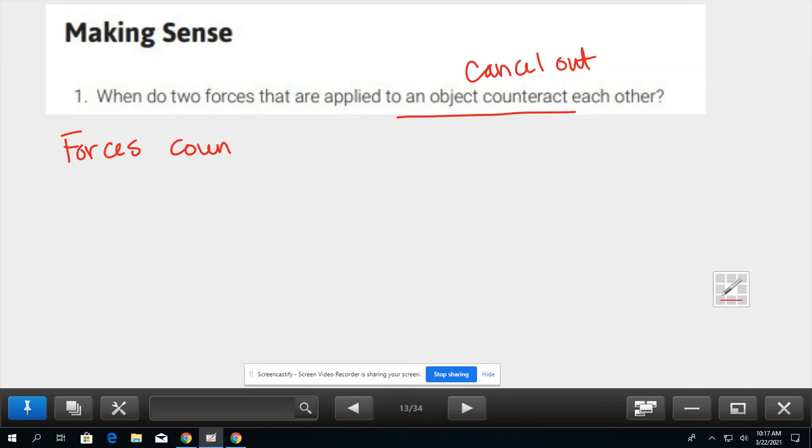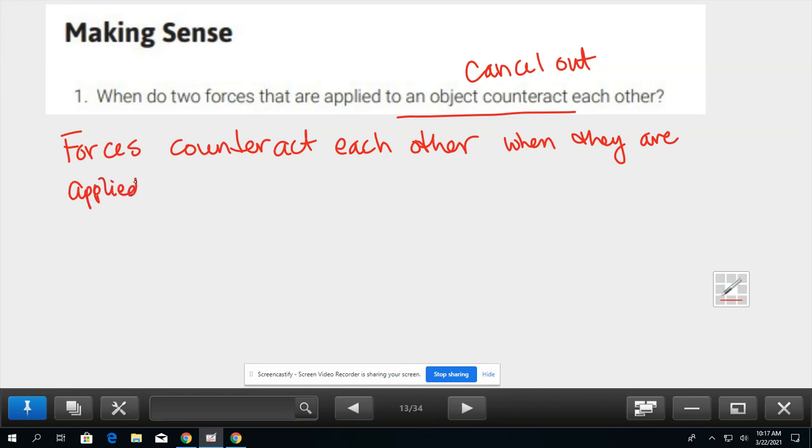Forces counteract each other when they are applied to the same object in opposite directions.